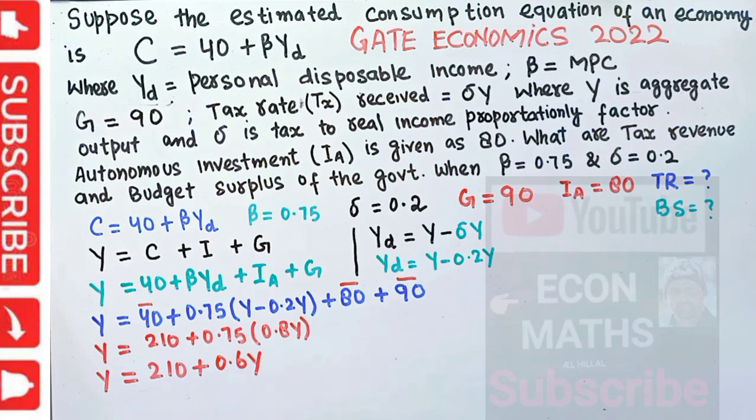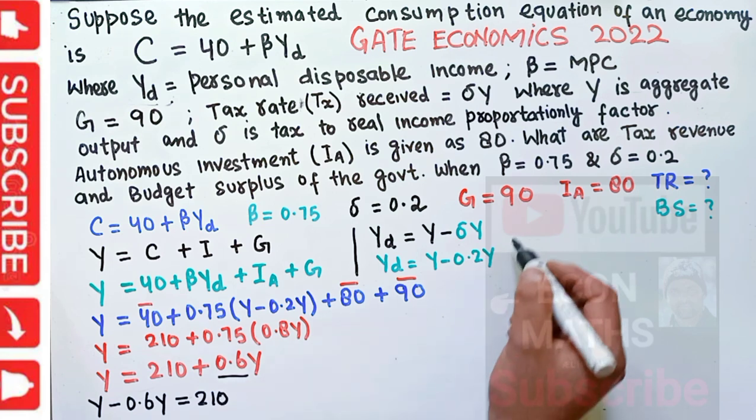That implies if I transpose this to the LHS, it will become Y minus 0.6 Y is equal to 210.